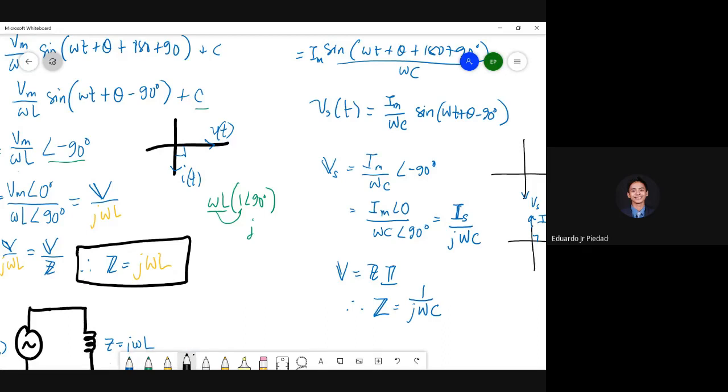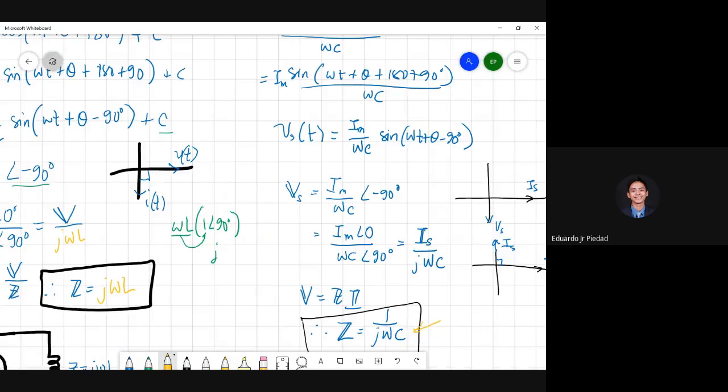So these are the important things you need to know. Because of this, if you think the voltage and current are actually in phase, the sources are in phase, but because of this reactance or impedance, the voltage and the current are now out of phase by 90 degrees.